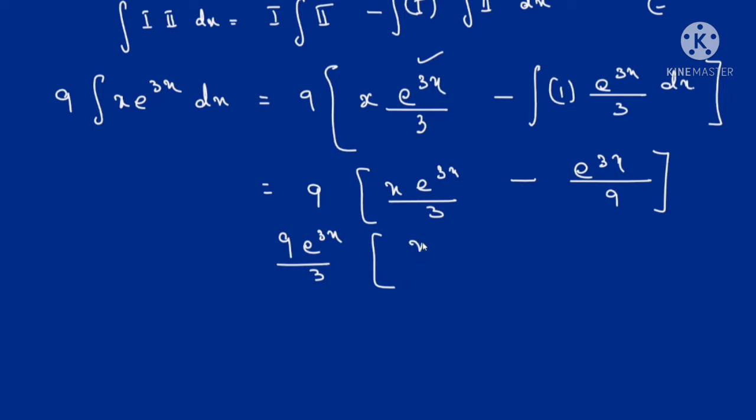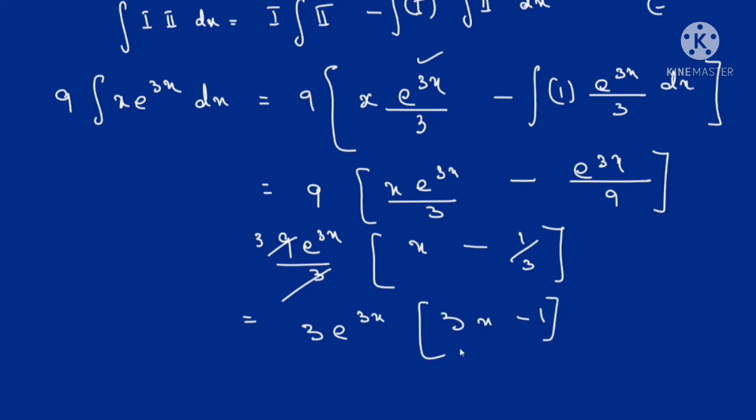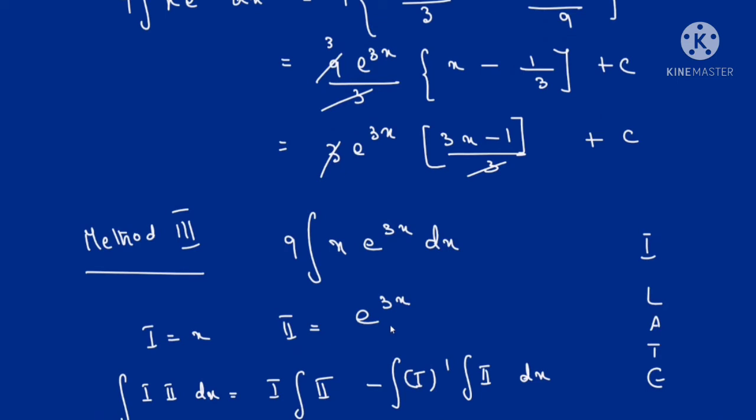So you will get x minus 1 by 3. Right? So that is equal to 3 e power 3x into (3x minus 1) by 3. So that's the answer. So this is also another method of doing it.